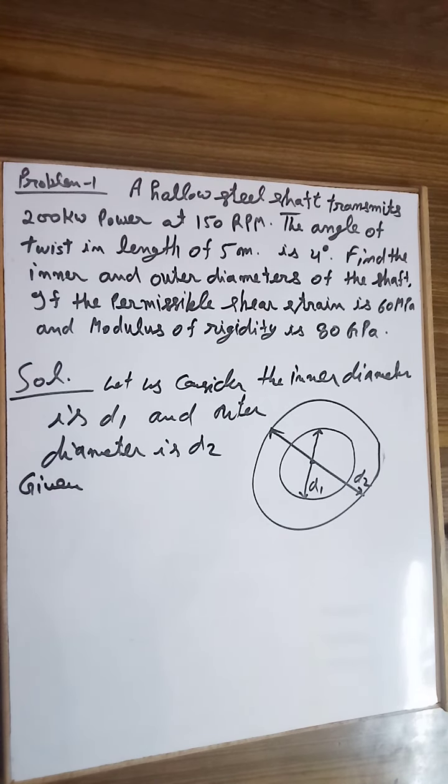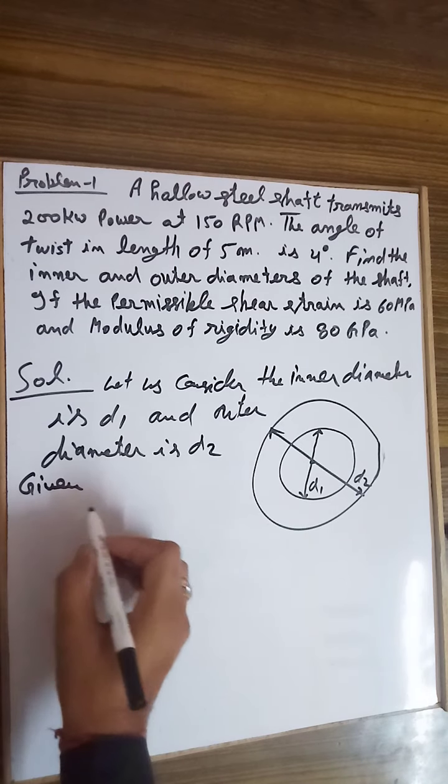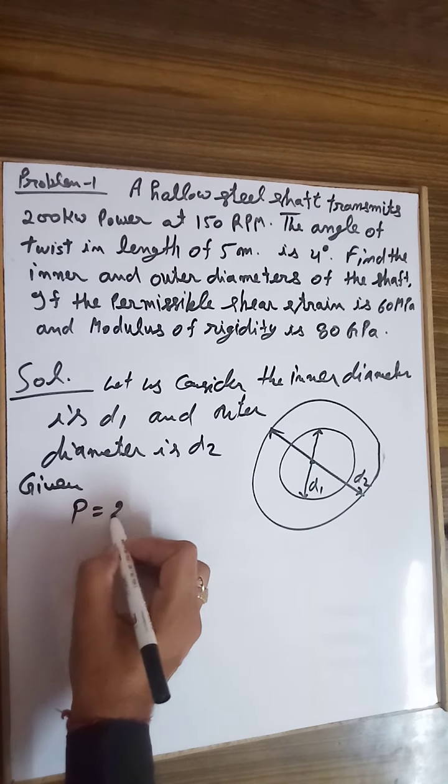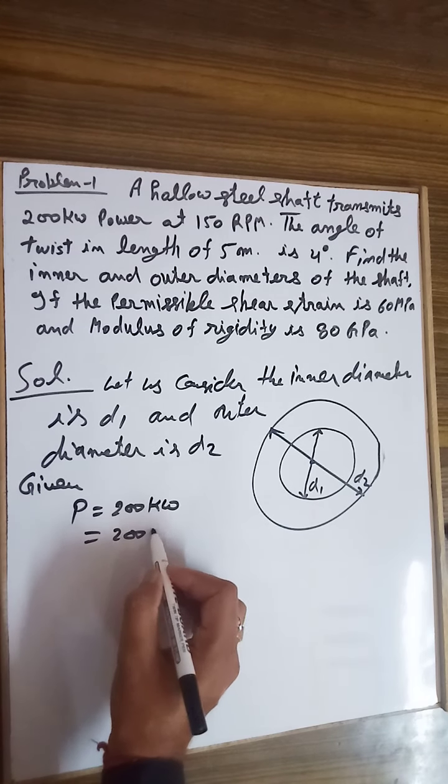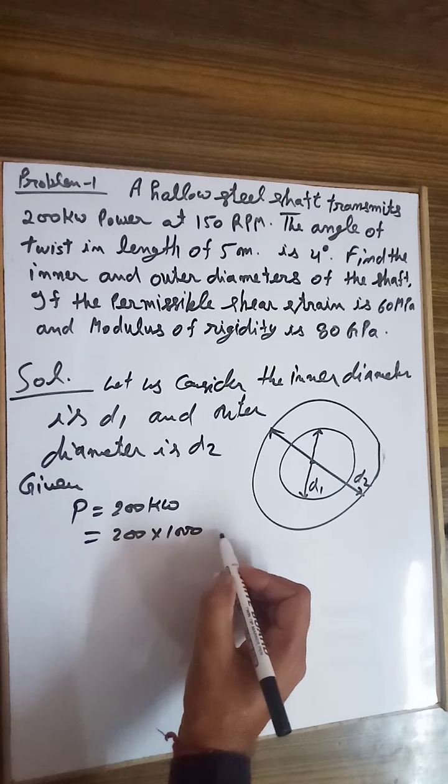Given is the power P, that is 200 kilowatt. Either we can say it's 200 into 1000 watt.